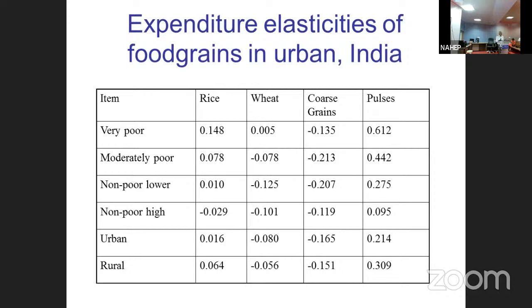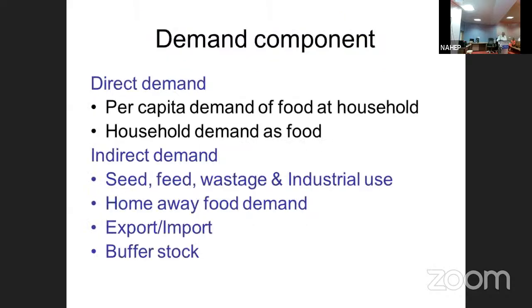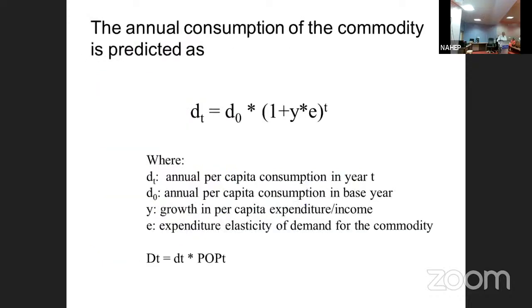So we take into account the income variability, regional variability, diversification, and so on. So we have the direct demand, then the indirect demands, and we also think about export and buffer stock. Then this is the demand projection.